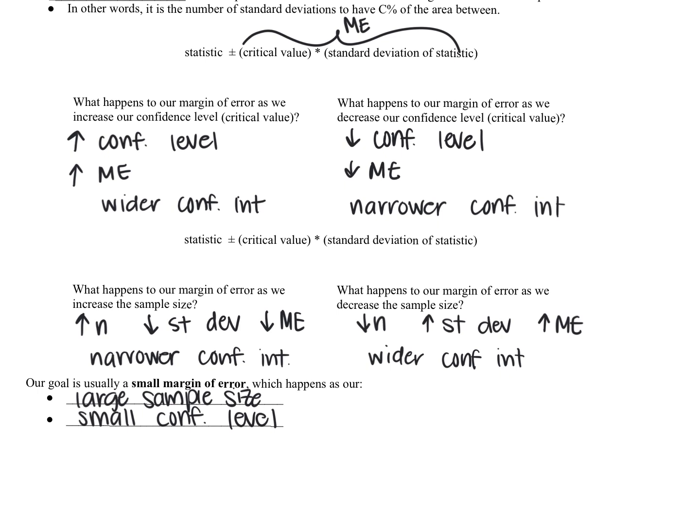Now, do we want a small confidence level? No. So typically, to help keep our margin of error small, we take larger sample sizes, because we don't want to have a small confidence level. We want our confidence to be pretty high. So to kind of offset the fact that our confidence level is high, we take large sample sizes.